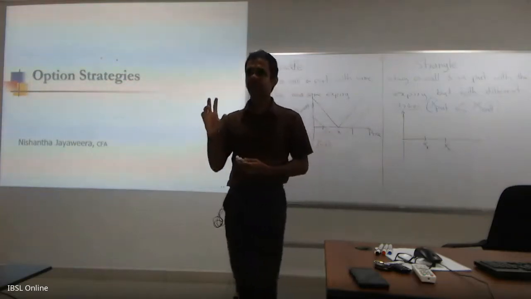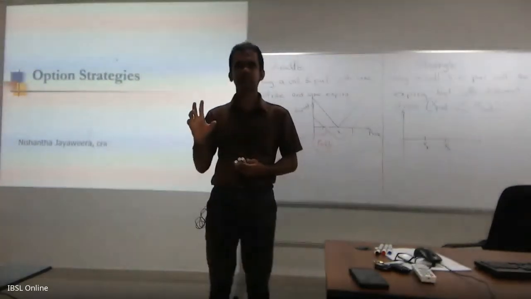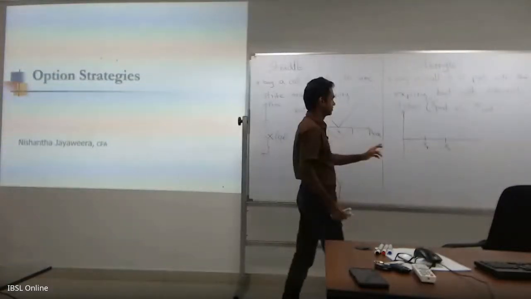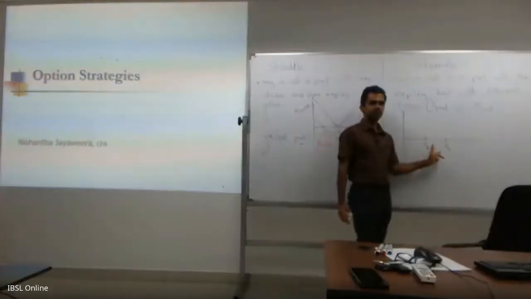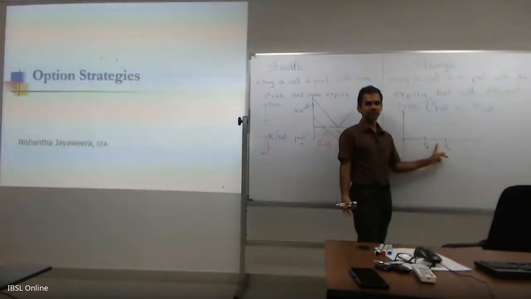Will you exercise any of these options? No. No value. The price is higher than the strike of the put. Meanwhile, the price is below the strike of the call. So both are out of the money.